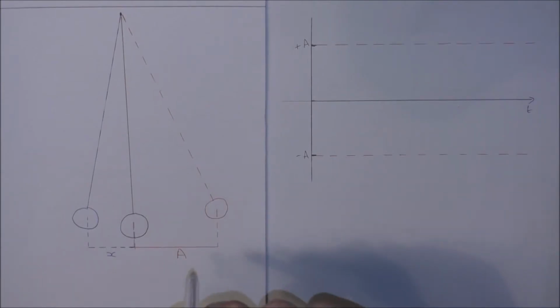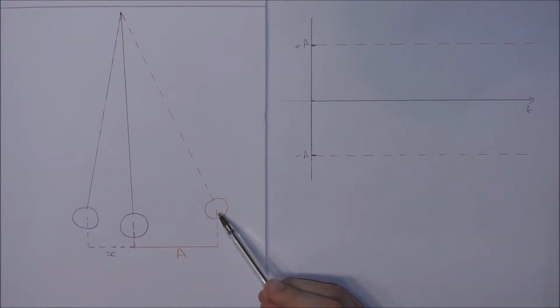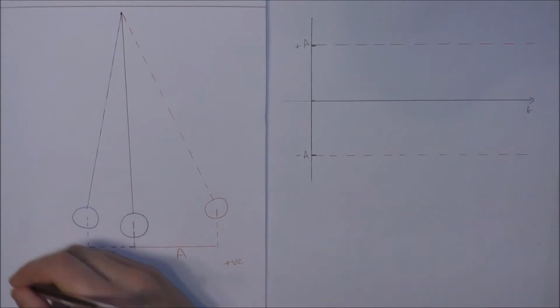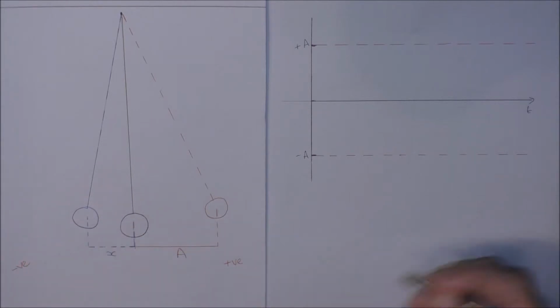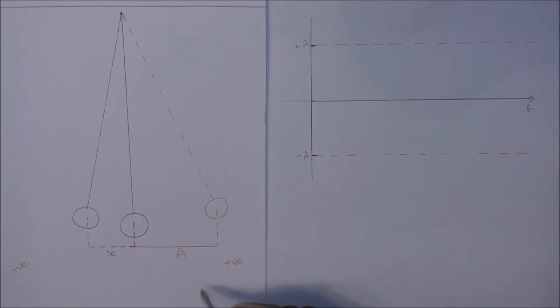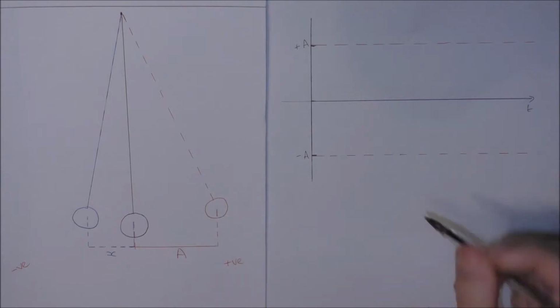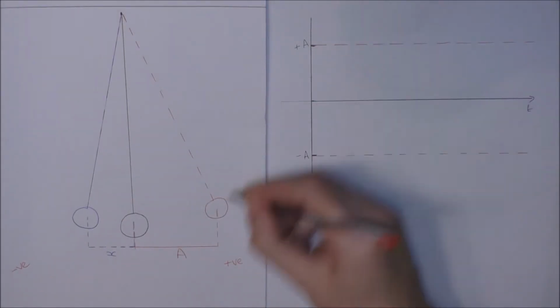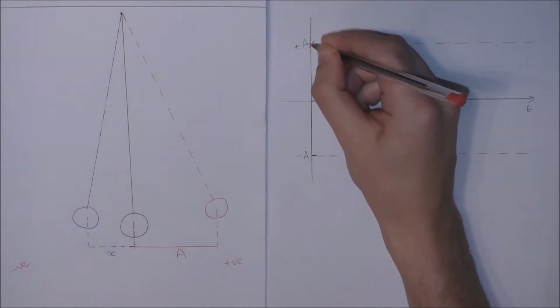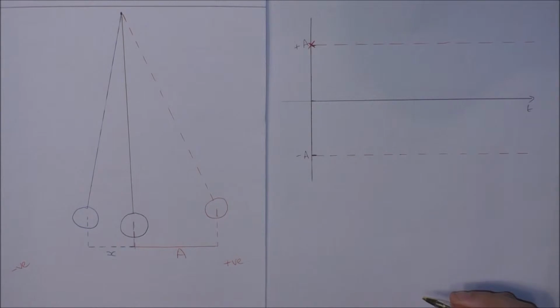If I try and make a graph of the motion of the pendulum, I can start off here. We'll call this positive because this would be increasing in the x direction, and negative over here, going more negative in the x direction. If I start off at this point here at maximum positive displacement in x, start that there.